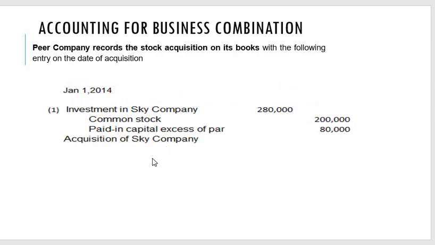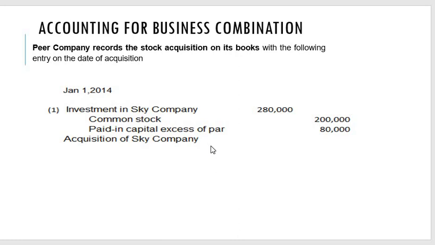Okay, so to record the acquisition, since our consideration is 20,000 shares at 14 per share, we credit common stock at 200,000. That's at par, 20,000 shares times 10 par. Then the excess should be credited to additional paid-in capital, or paid-in capital in excess of par.